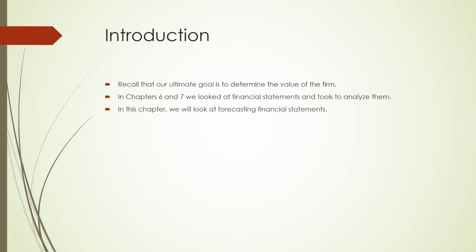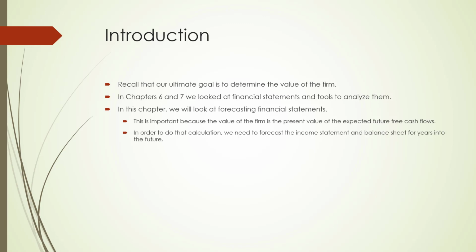In this chapter, though, we're looking at mainly forecasting the financial statements, and we're also going to forecast free cash flow. That's important because the value of the firm, more specifically the value of the firm's operations, is the present value of all of the future free cash flows that are expected. Now, in order to forecast free cash flow, of course, we need to forecast the financial statements.